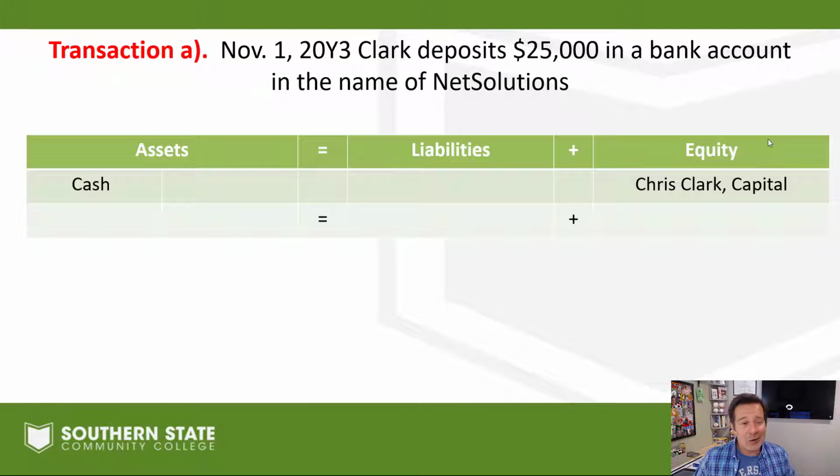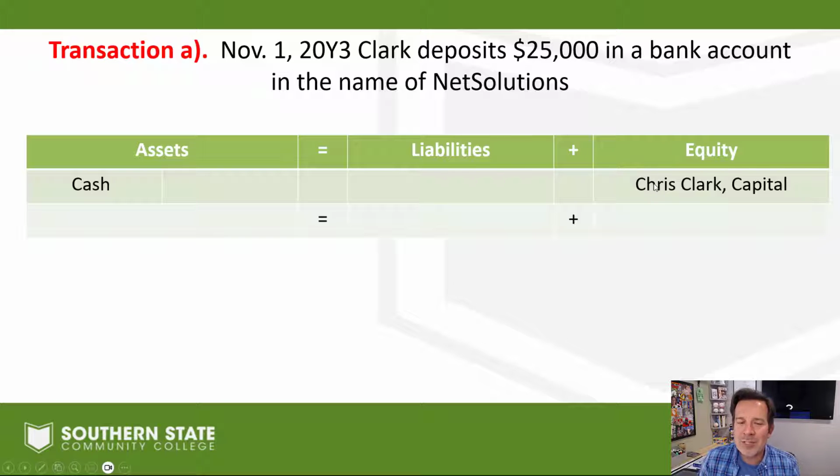So here we go. Right here at the top, we have our accounting equation. Assets equal liabilities plus equity. Hopefully you're starting to become familiar with that. If nothing else, hopefully me saying it over and over again is burning it into your brain. But we have our accounting equation. You notice I've listed a few different accounts here to help us keep track of what's going on. I've got a cash account under asset, cash being something that we own in the business.